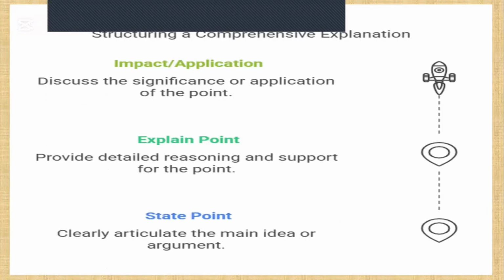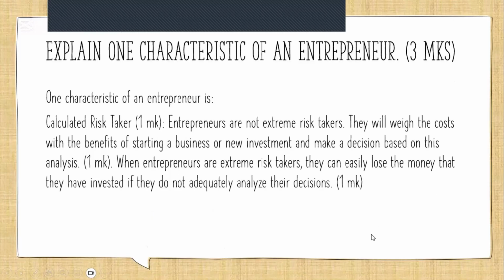We move on to the next one, which is with regards to a 3-mark question where you would state your point, explain your point, and then give your impact or application of that point. So in this one, we are looking at explain compared to before, which was outline, and we are sticking to 1 characteristic.